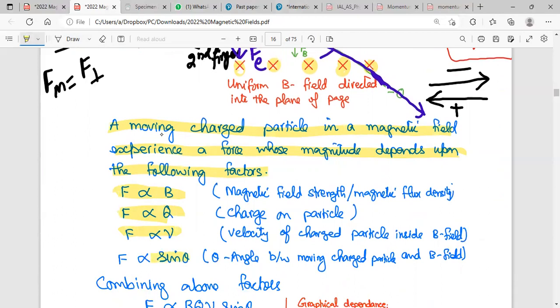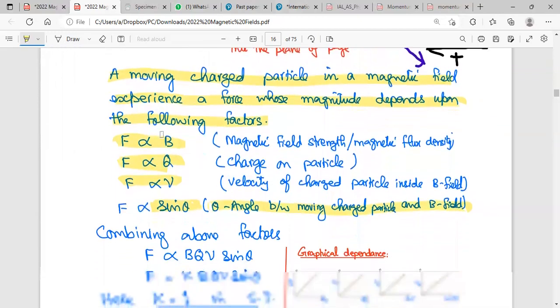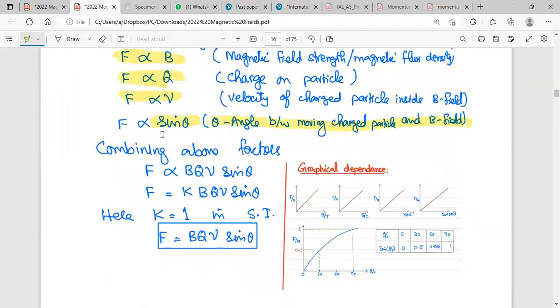And of course, the important one is the angle theta, in terms of sine theta, and this is the angle between the velocity of the charge and magnetic field strength. So when you combine the factors, you get the formula, which is F equals BQV sine theta, and you can replace that constant with K. So K is 1 here. So then we say that F is BQV sine theta, and this equation is also provided in the data booklet.